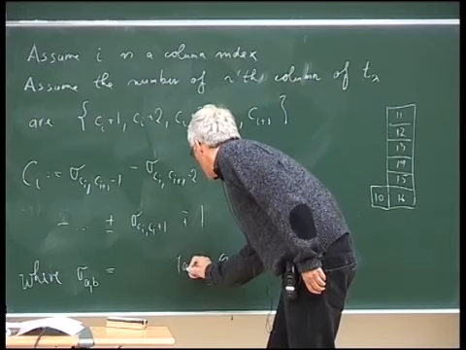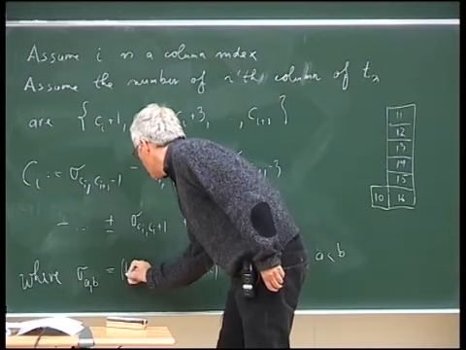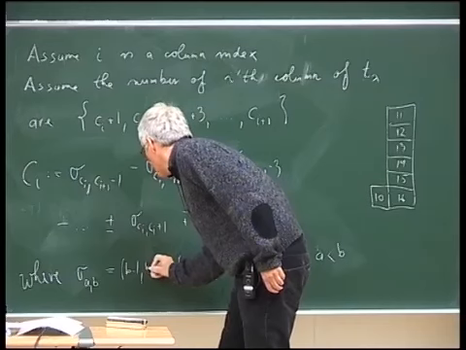I take a plus 1, a plus 2, and I go all the way up to b minus 1 and b.